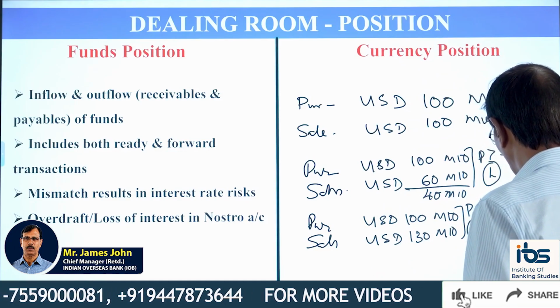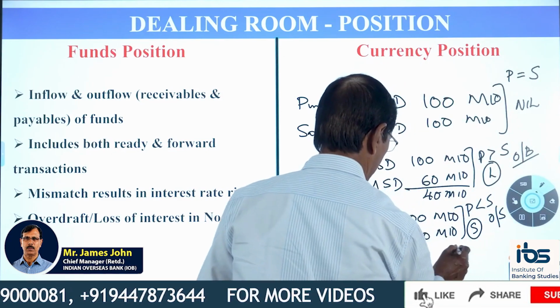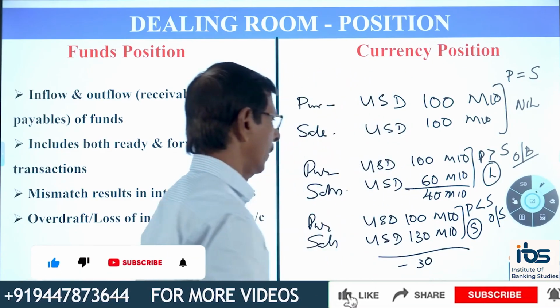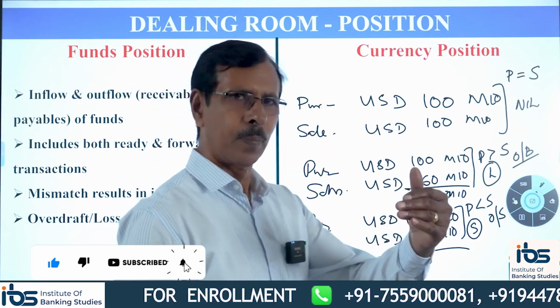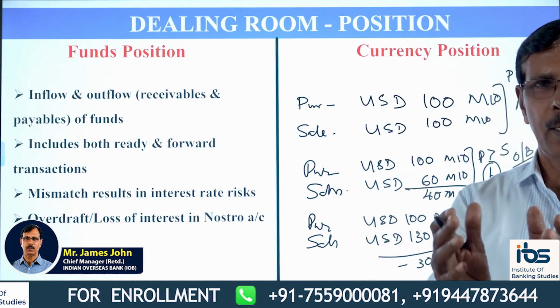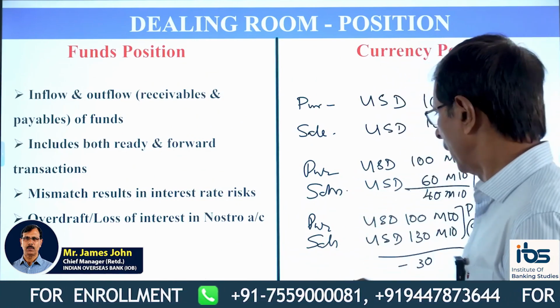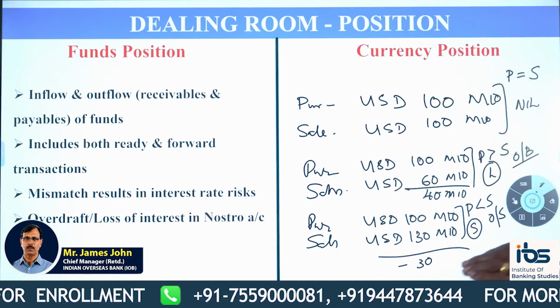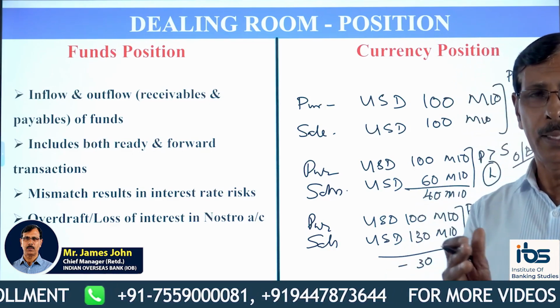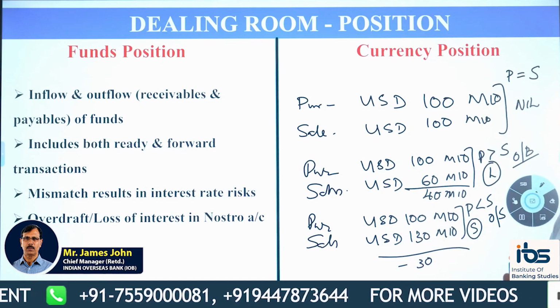It is an oversold position. And what's the position? Here it is minus 30. Purchase is 100, sale is 130, so the difference is 30 million. Here they have purchased only 100 and sold 130, so 30 million is sold more. This is called the short position.